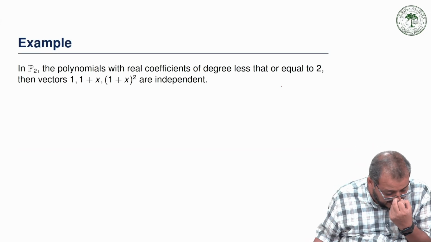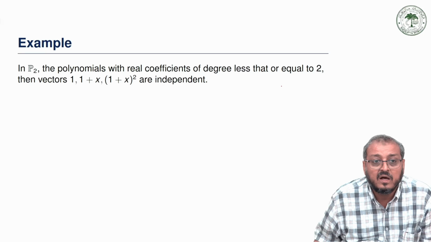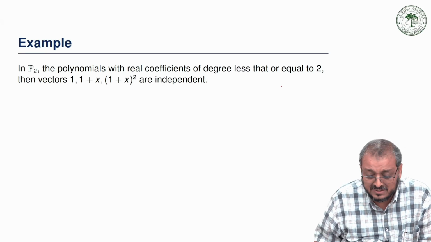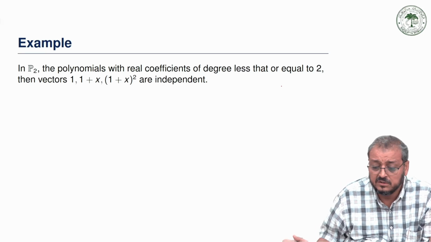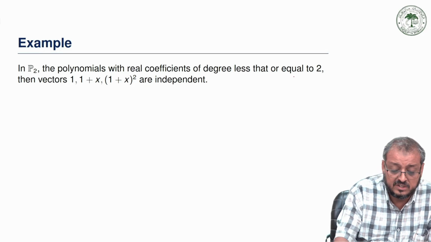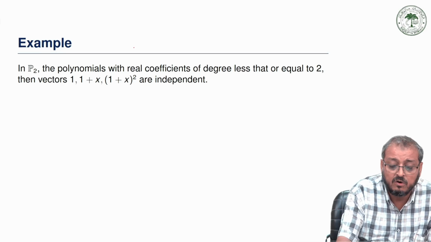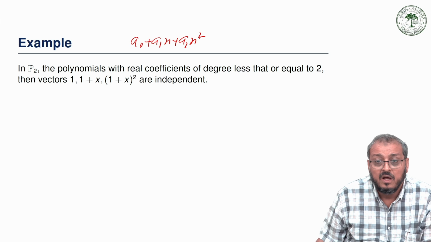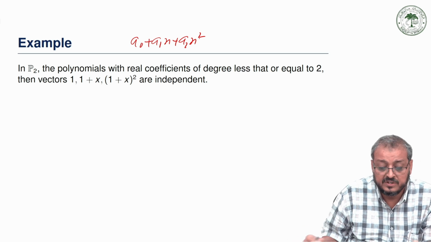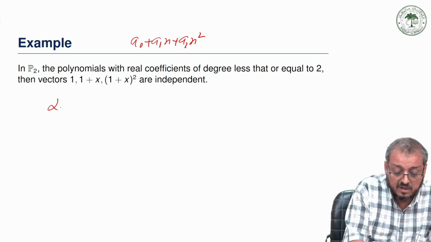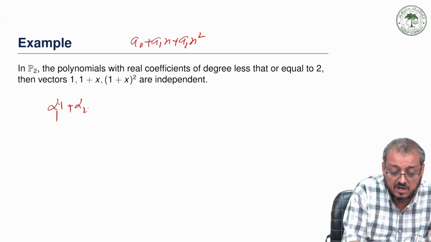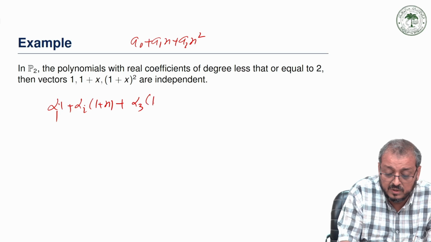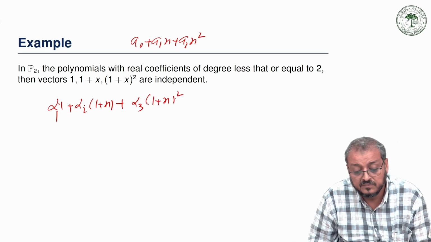Okay, now we have one more example for polynomials, and we take polynomials of real coefficients with degree less than or equal to 2. So these are all the polynomials of the form a0 plus a1 x plus a2 x square. So we write it in the form alpha 1 plus alpha 2 into 1 plus x plus alpha 3 into 1 plus x whole square.